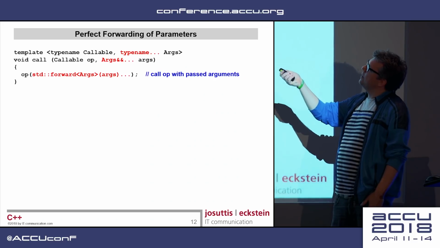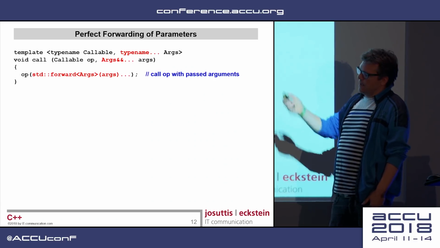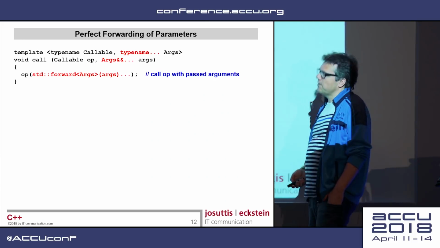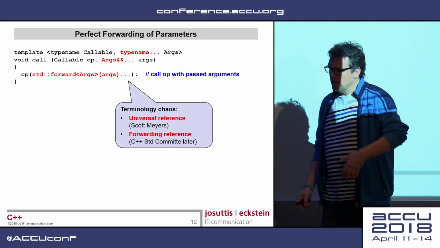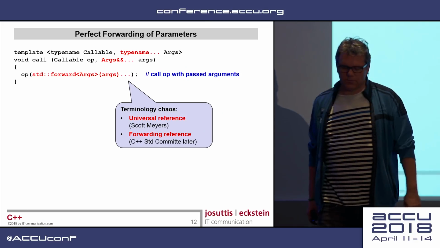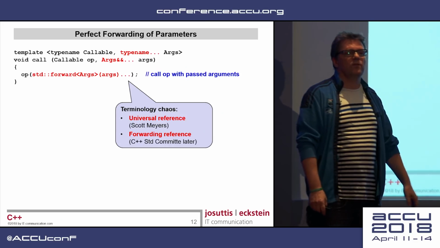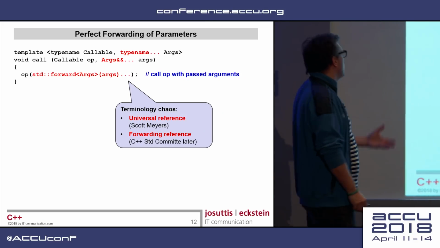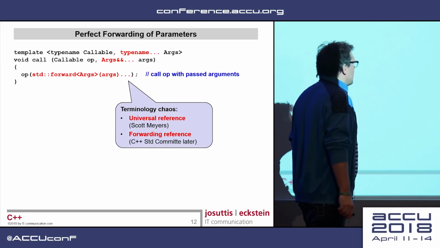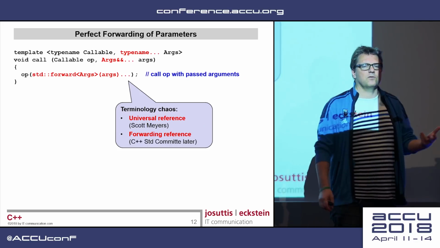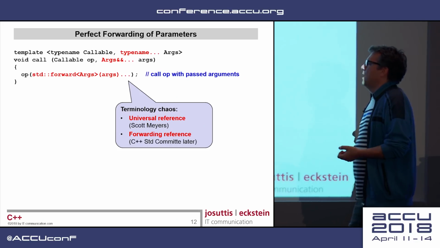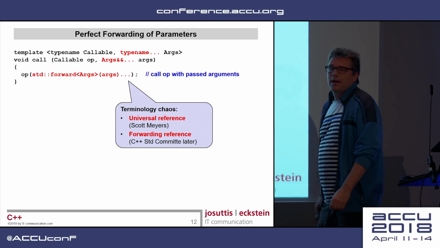You could take a variadic list here of arguments as universal references or forwarding references. We have this strange situation that nobody invented a term at first, and then Scott Meyers invented the term that was widely used, and then for whatever reason, the standard committee decided to use another term to confuse, just to confuse the Russians, probably.